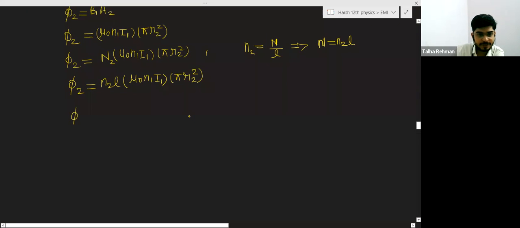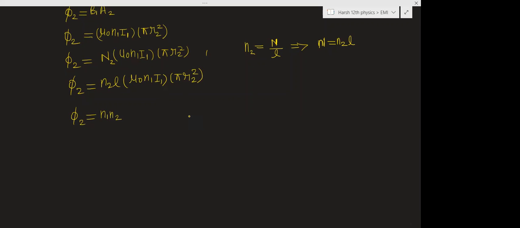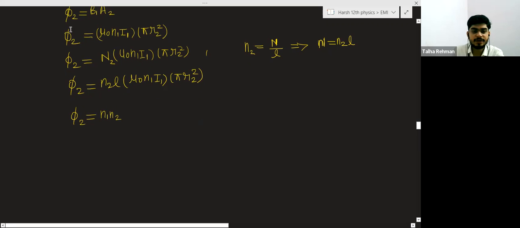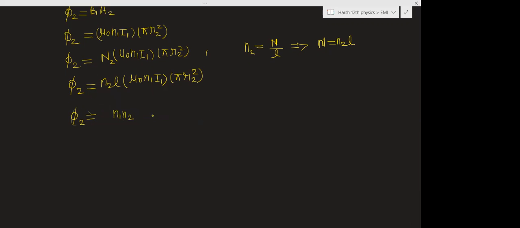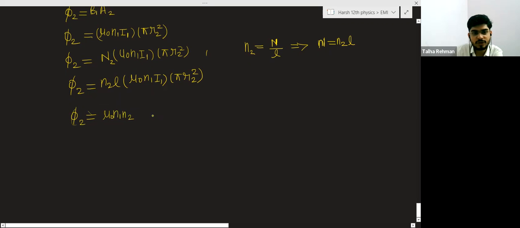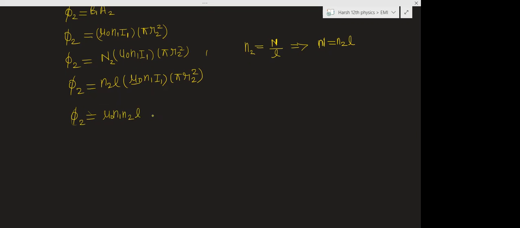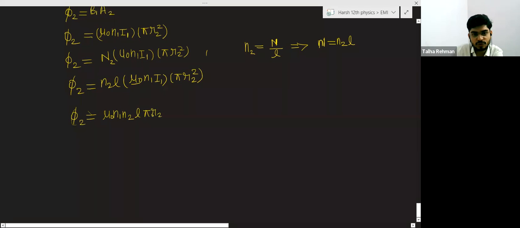Now phi 2 can be written as mu naught n1 n2 into L, I1, pi R2 square.